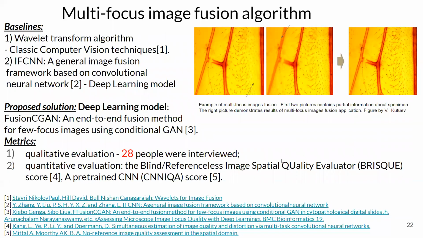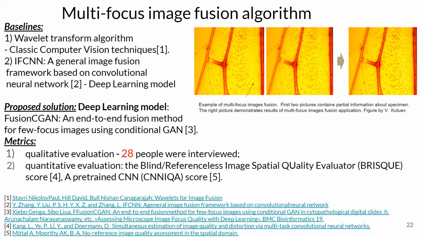Yes. Okay, the last task was multi-focus image fusion, and the baseline models for this task were a classic computer vision technique, the wavelet transform algorithm, and the current state-of-the-art model, fusion convolutional neural network. With the aim of improving the quality of fused images, we propose a GAN-based model here.